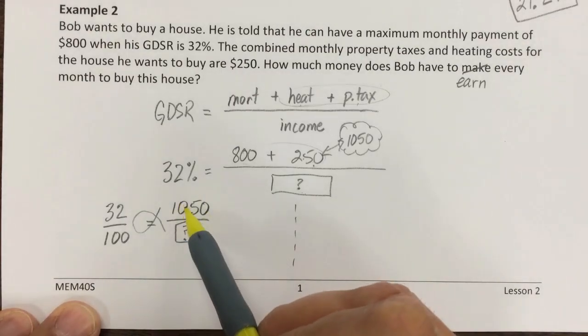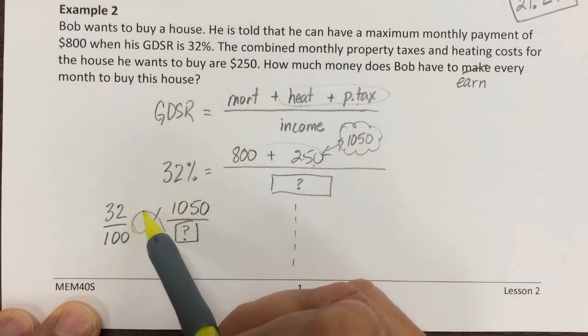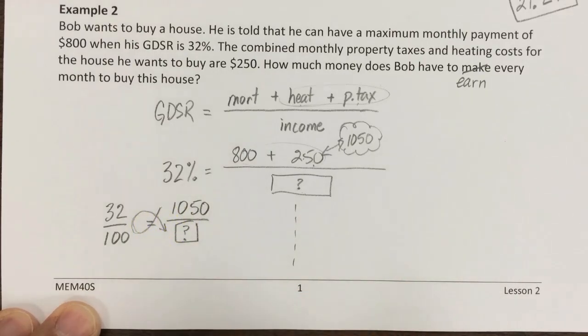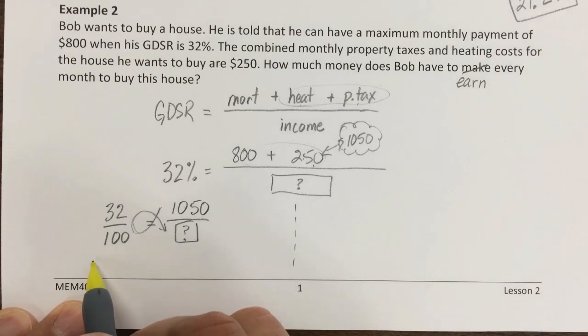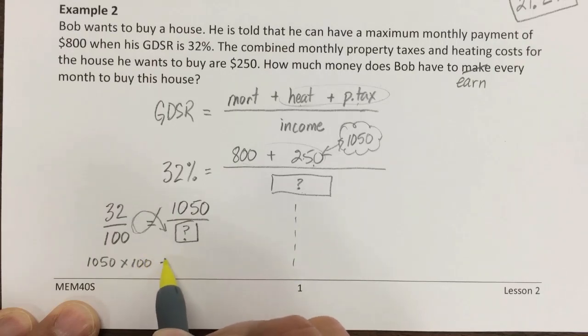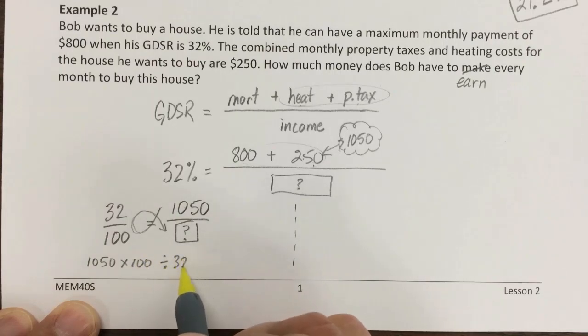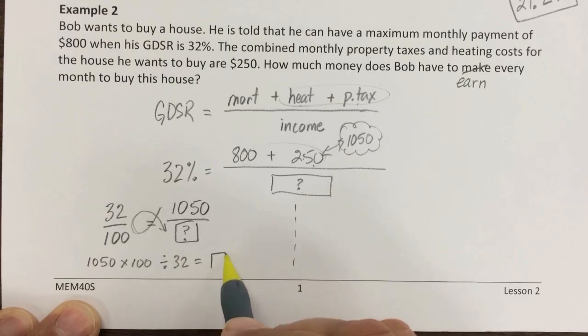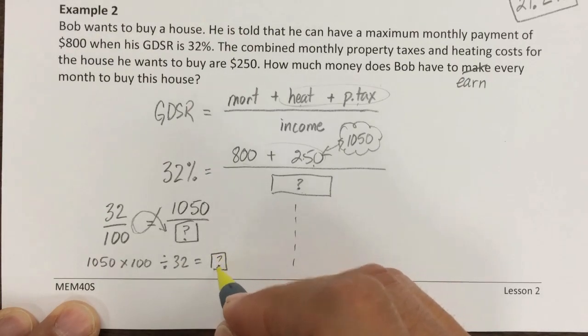I'm going to start at this end and follow the fish around to get that answer. It's multiply, then divide: 1,050 times 100, and then divided by 32. That's going to be the answer I'm looking for.